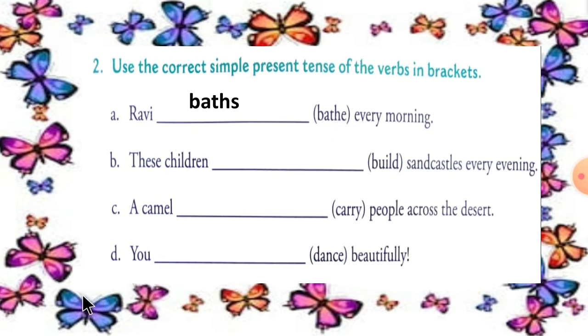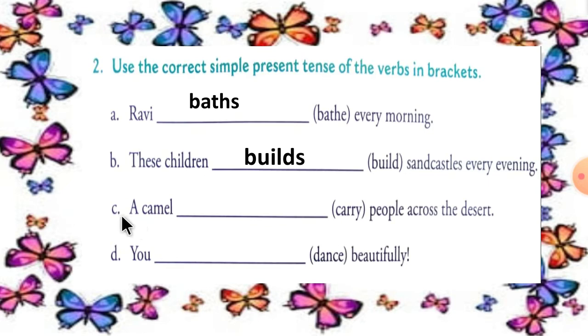Let's see B. These children dash sand castles every evening. So the answer is builds. These children builds sand castles every evening.